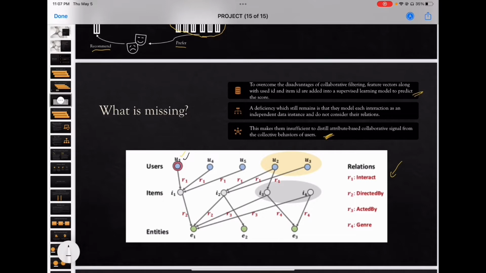The yellow circle here and the gray circle here denote the important users and items discovered by the high order relation but are overlooked by traditional methods. High order relation is what KGAT adopts, whereas traditional methods are methods like supervised learning and collaborative filtering.